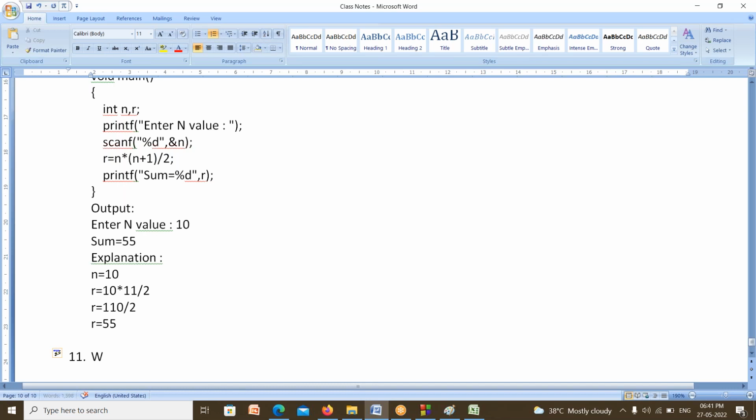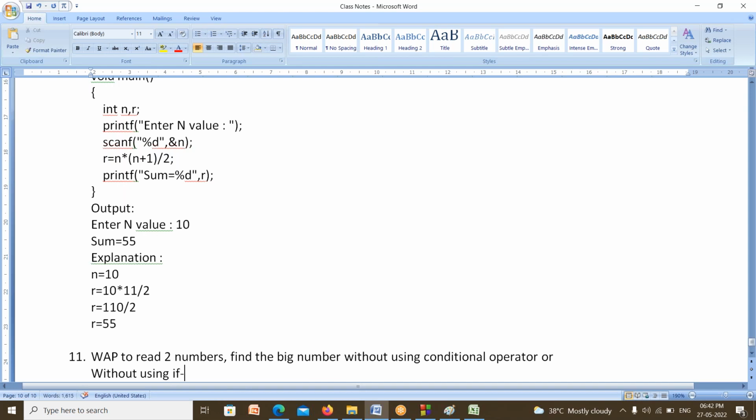Right, next program. Write a program to read two numbers and find the big number without using the conditional operator, or without using if else.